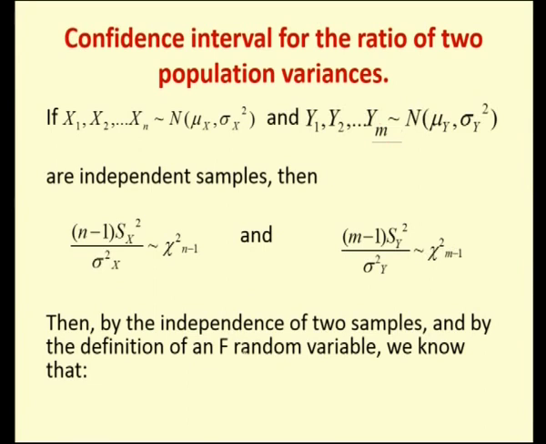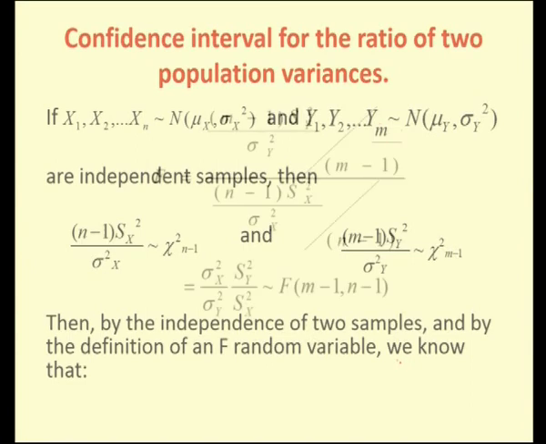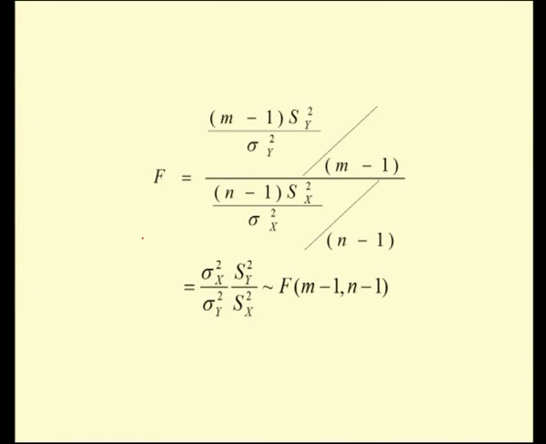Therefore, by independence of the two samples and by the definition of the F random variable, we know that the F statistic is nothing but the ratio of the variances. So, here you have m minus 1 s squared y divided by sigma squared y, divided by n minus 1 sx squared divided by sigma x squared.